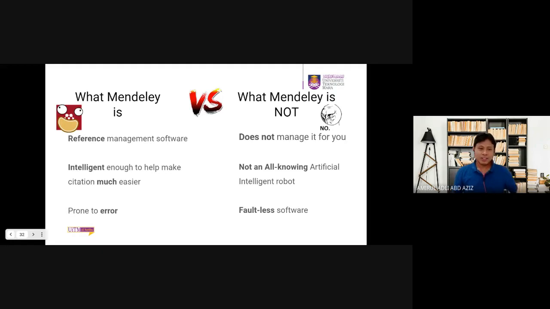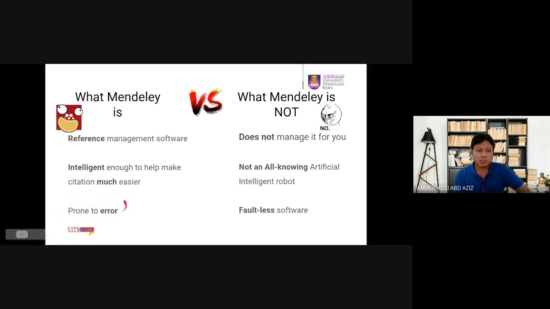It is intelligent enough to help make citation much easier, but it is not an all-knowing artificial intelligence terminator. You might expect, oh, I use Mendeley, so 100% my references would be correct. No, it's not all-knowing. It's just a tool that you control, and it is actually prone to error.